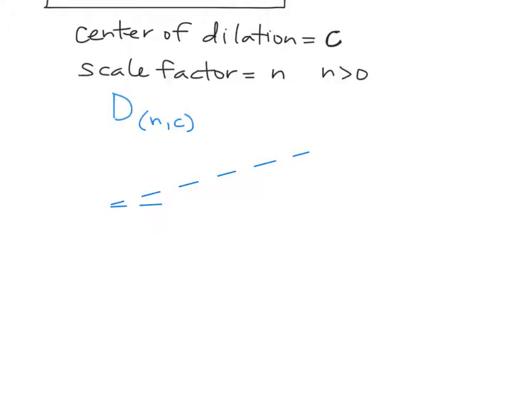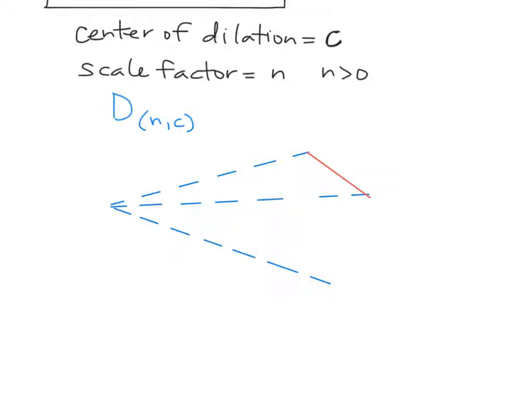Just because it makes my pictures make more sense. All right, so let's say our initial, nope, this is actually our image. This is our final result, and then I'll draw the pre-image after that.